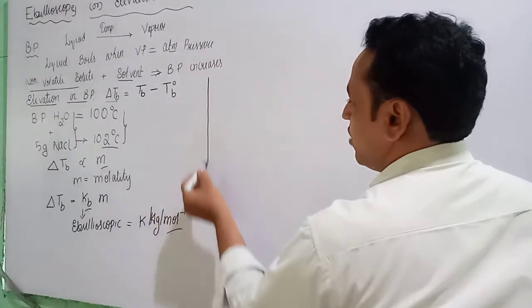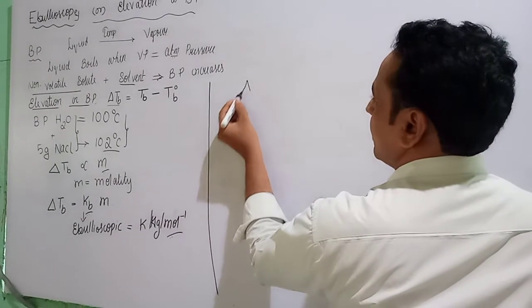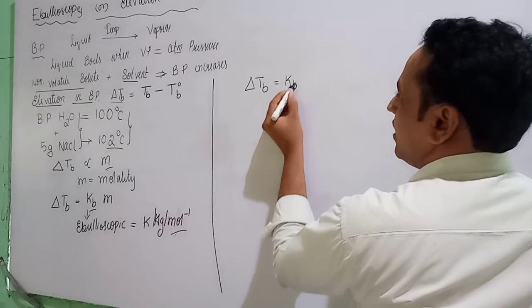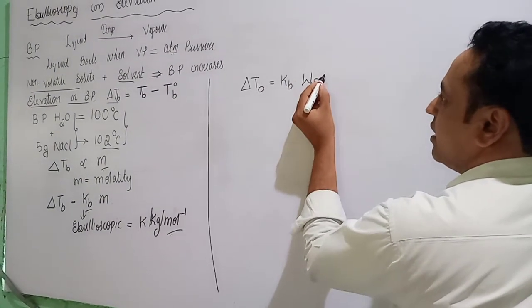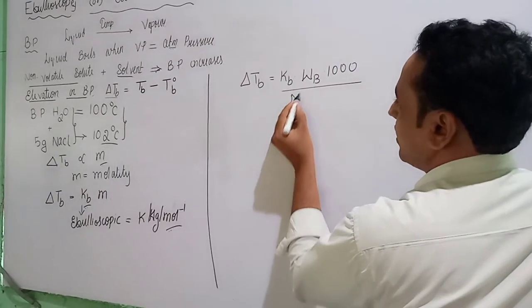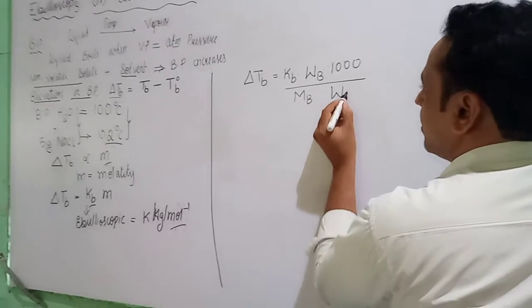Now we know the formula of molality, which we are going to substitute here. So we get delta TB is equal to Kb into Wb into 1000 divided by Mb into Wa.